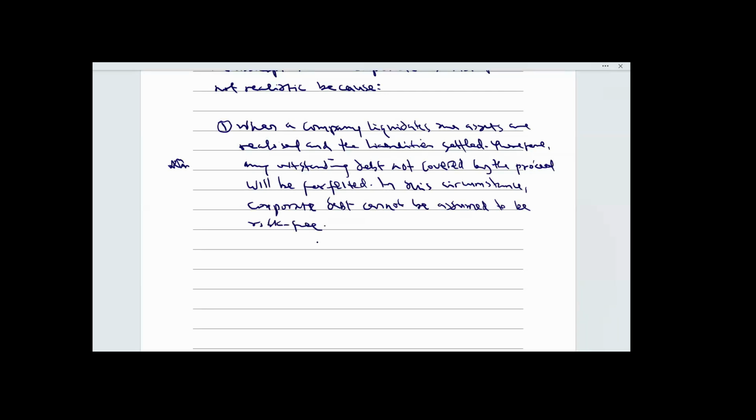Now, what I'm trying to say here is that when the going concern of the company is shaking, when the company is unable to continue operation on a going concern basis, the assets of the company will be closed down and disposed of. The proceeds therefrom will be used to settle the liability, to pay the creditors.